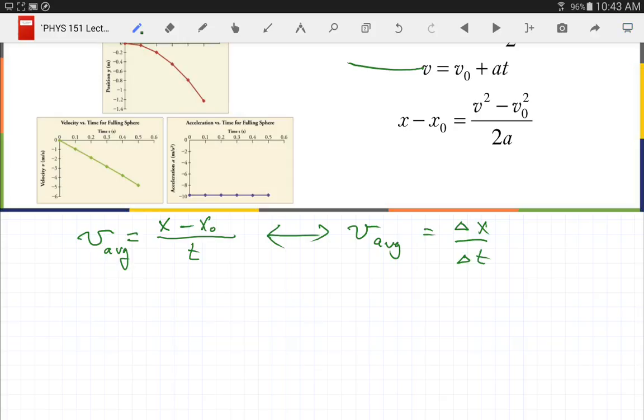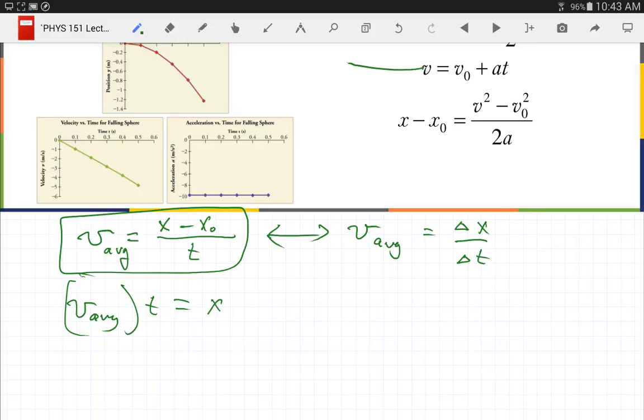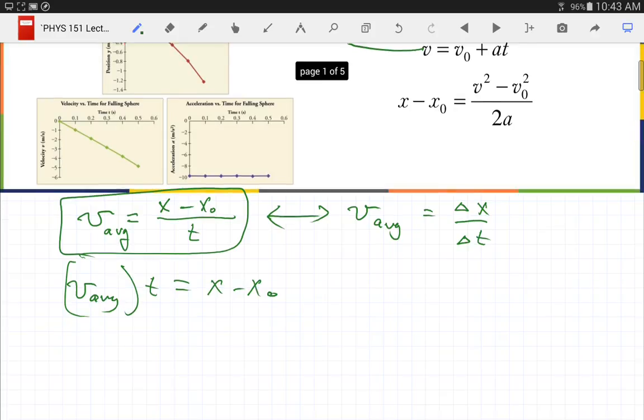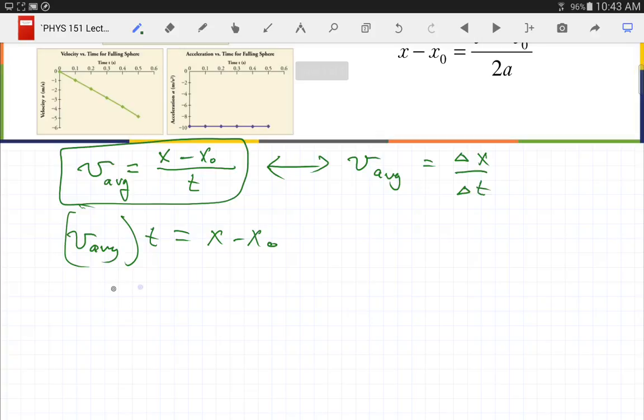Now if I take it in this form and just solve it for x, I'm going to have to multiply both sides by t. So I'll have V average multiplied by t is equal to x minus x0. And finally, move the x0 across, and I'll have x is equal to x0 plus v average t.